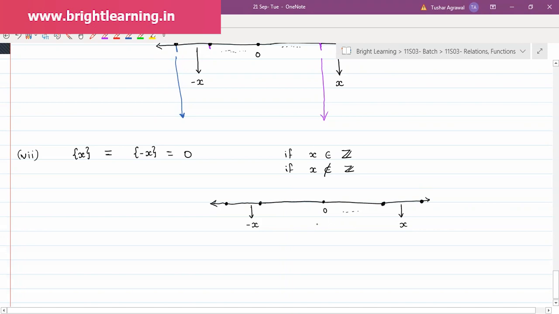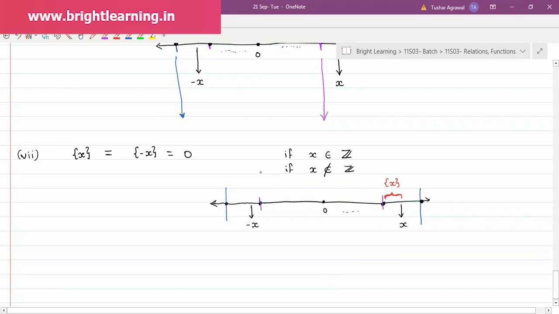Now x and -x, see these two purple lines are equidistant, and these two blue lines are equidistant. Now fractional part of x will be this distance. Can you see? Let's say x is equal to 7.2.